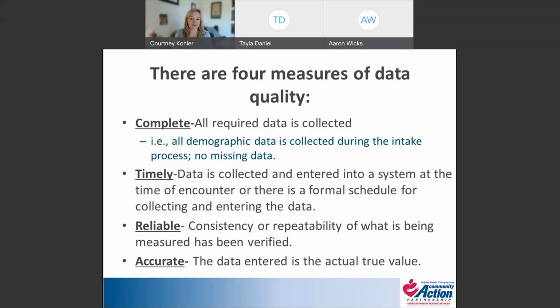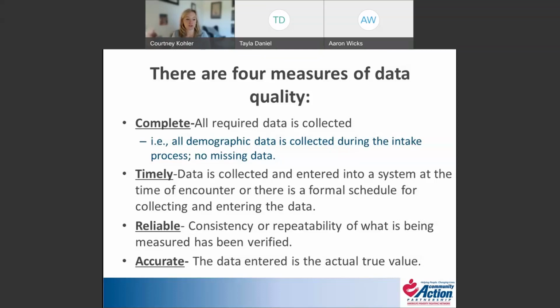But also, quality is tied to what we want to use our data for. So the data can still have quality, even if it's maybe not up to par for this specific report.